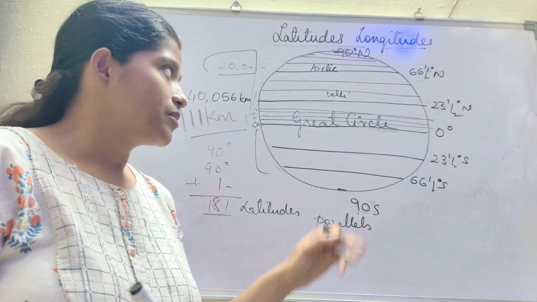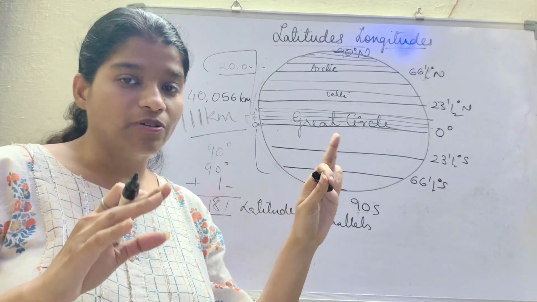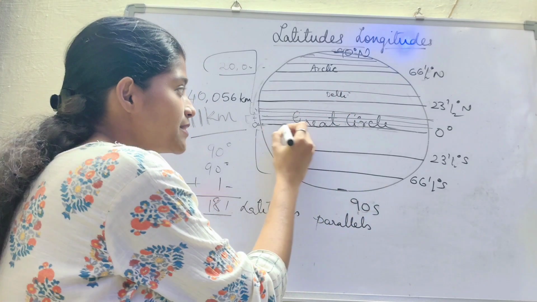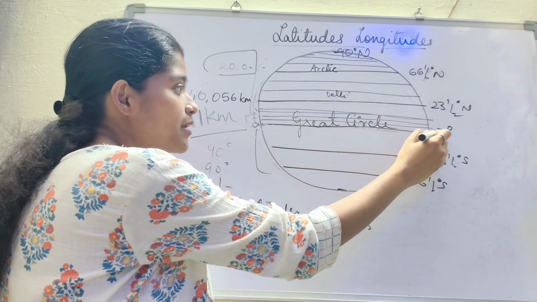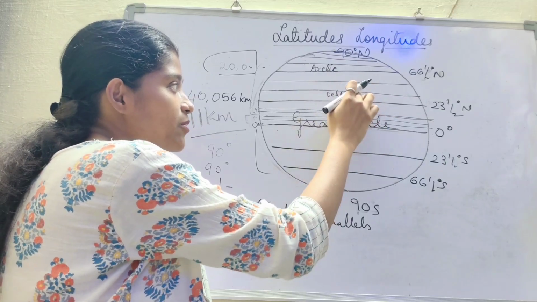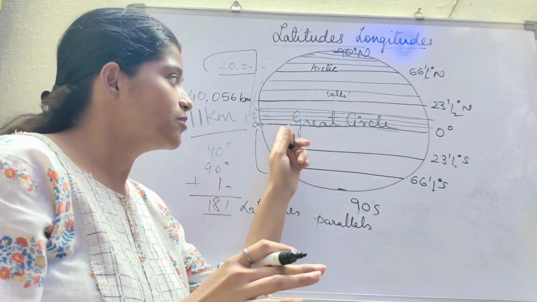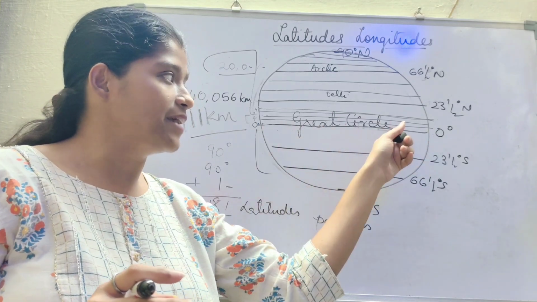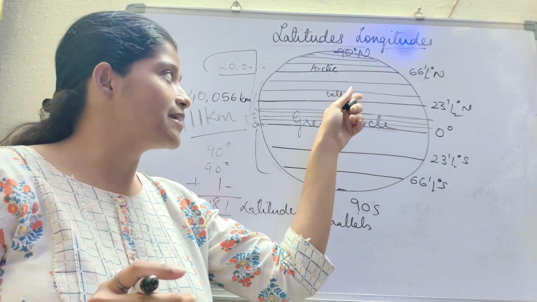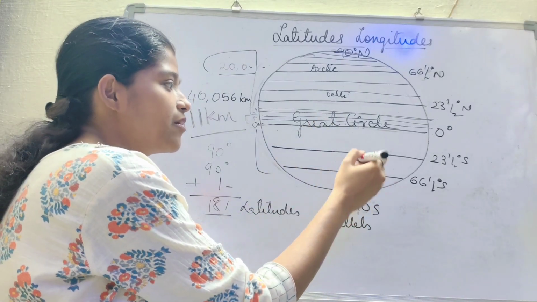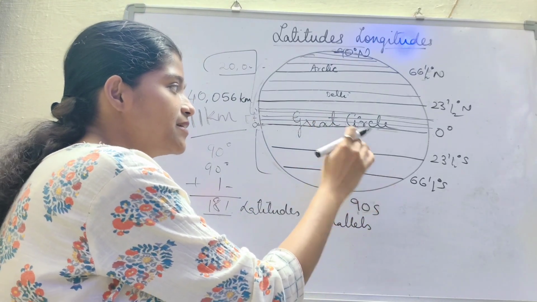So I have come to know that Delhi is located to the north of the equator. How? If I consider this as the baseline, then only I will come to know that Delhi is located to the north, in the northern hemisphere. So with reference to this line, I can come to know that Delhi lies in the northern hemisphere, and Australia or Sydney lies in the southern hemisphere.